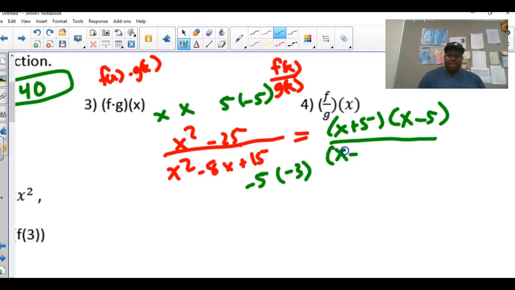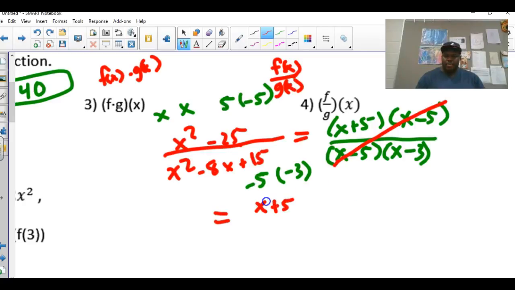So we have x minus 5, and we have x minus 3. So now, guys, that we have our terms factored, we can cancel a term out. In this case, we have x minus 5 at the top and x minus 5 at the bottom. Those are canceled, guys. So what's remaining is x plus 5 at the top and x minus 3 at the bottom.